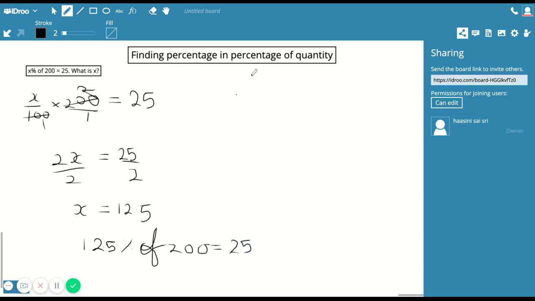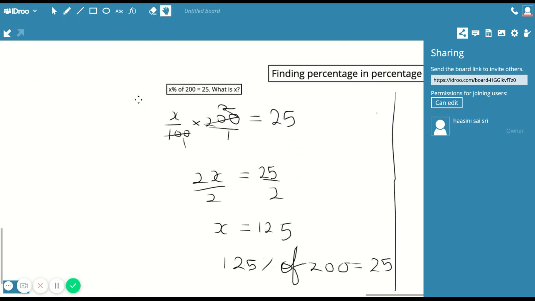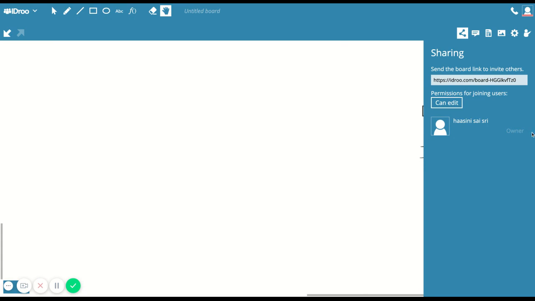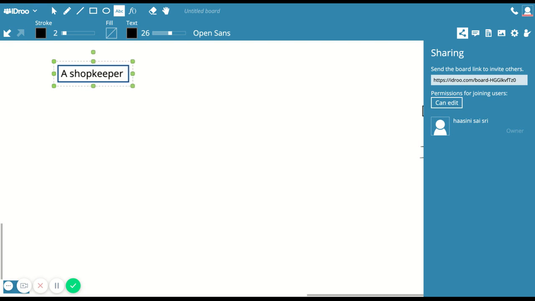Now you can ask, Miss Hasmi, how does this look in a word problem? Let me show you an example. Now let's look at a new question. In the new question, a shopkeeper sells a shirt for 250 rupees.